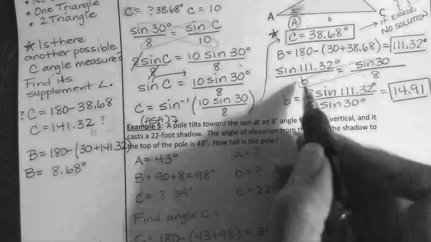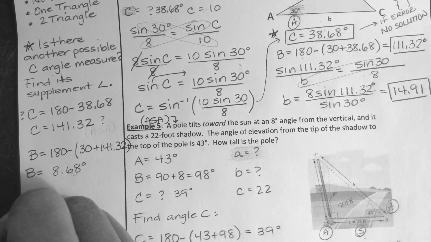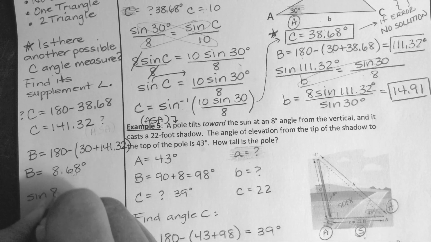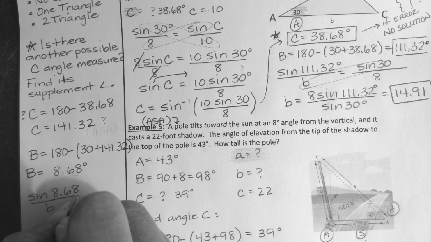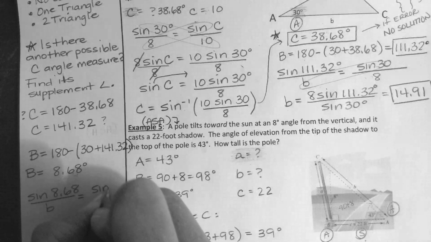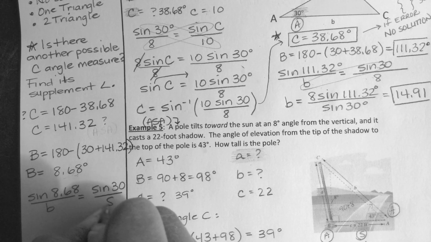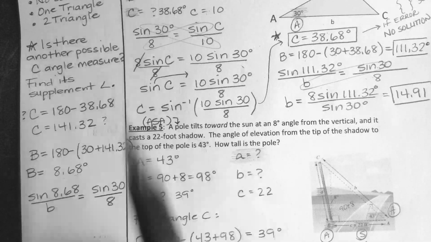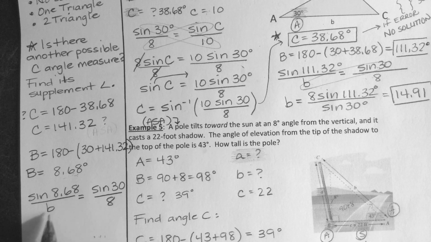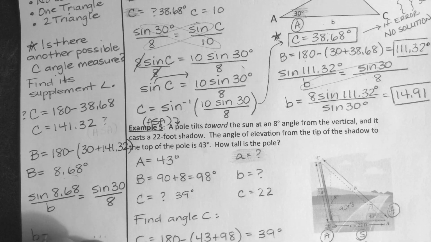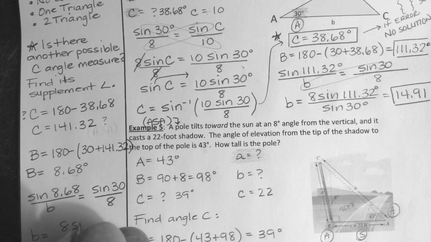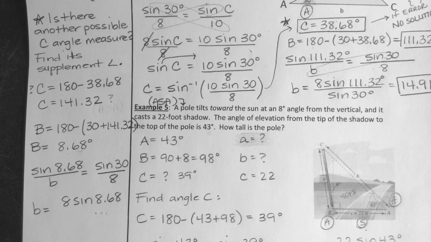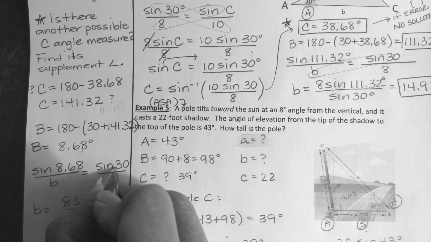So let's do this proportion. Sine of 8.68, which is the new B, over lowercase b, equals sine 30 over 8. The 8 never changes because that was given from the beginning. And when you cross multiply and solve for b, b is going to equal those two numbers divided by the sine 30 that's with the b.